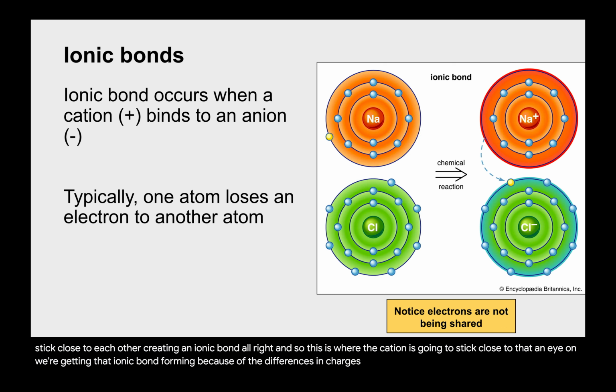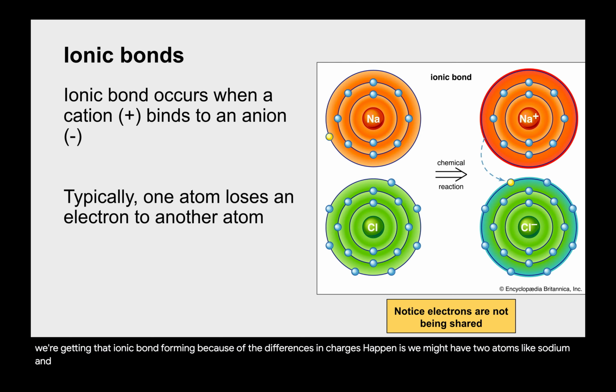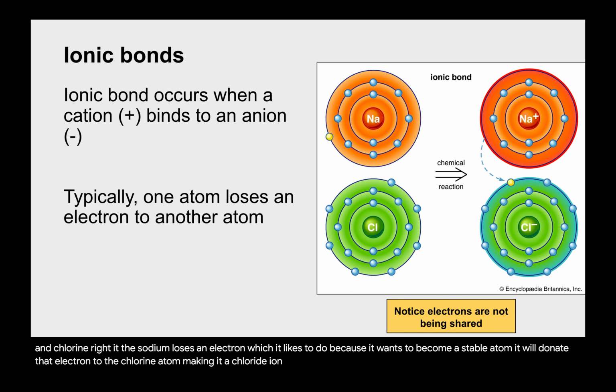Typically how this might happen is we might have 2 atoms, like sodium and chlorine. If the sodium loses an electron, which it likes to do because it wants to become a stable atom, it'll donate that electron to the chlorine atom, making it a chloride ion. Now notice these electrons are not being shared.